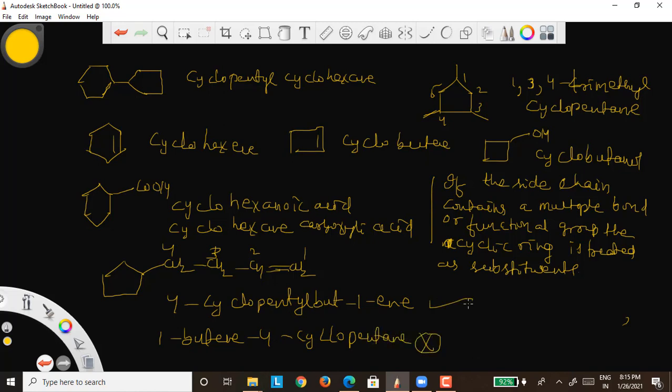This is correct. So here cyclopentyl will be the substituent. So the naming of the substituent will come first. Then the main functional group will come. So this rule you have to remember. Now let us take some more examples based on this rule. Let's go to the next page.